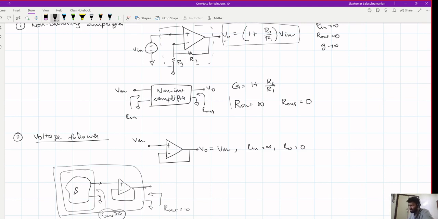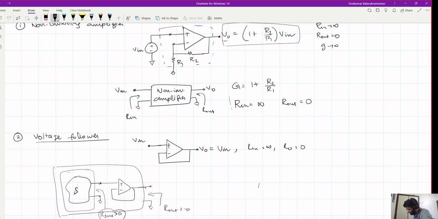Let's say it's a good sensor in terms of generating a voltage in response to the measurement, but it has a poor output impedance. If you connect the buffer after the sensor, the sensor plus the buffer will act like a very good sensor in terms of output impedance.